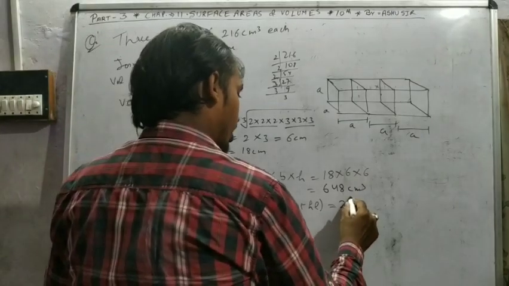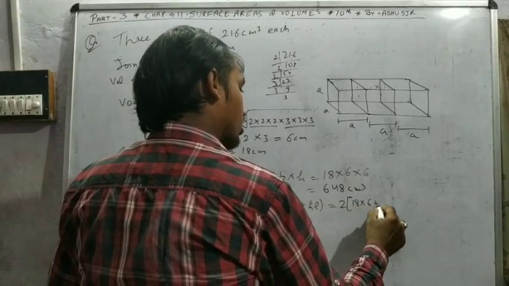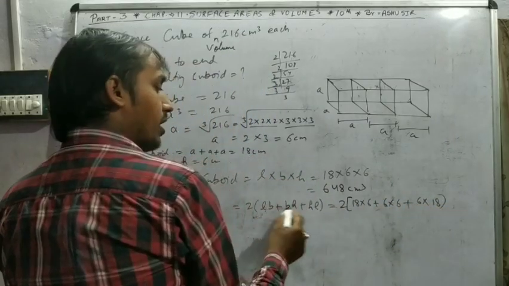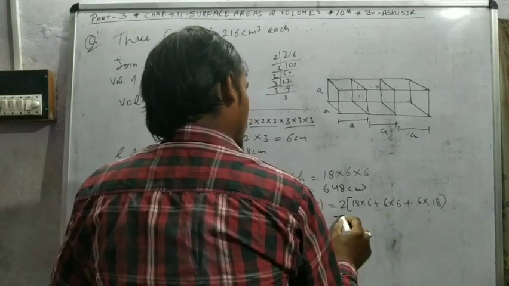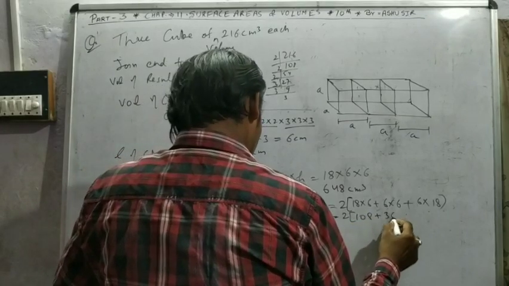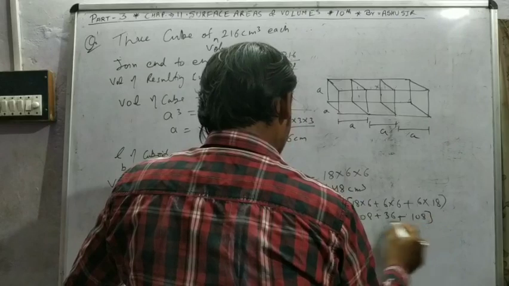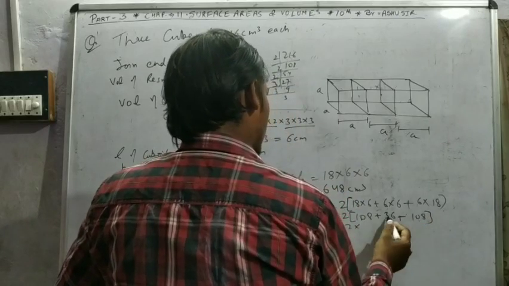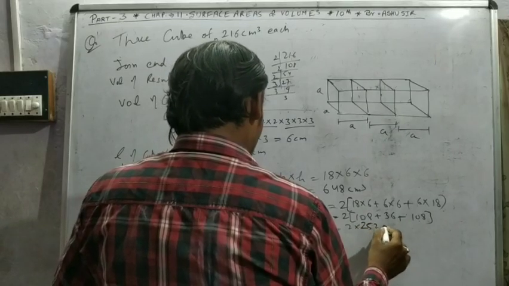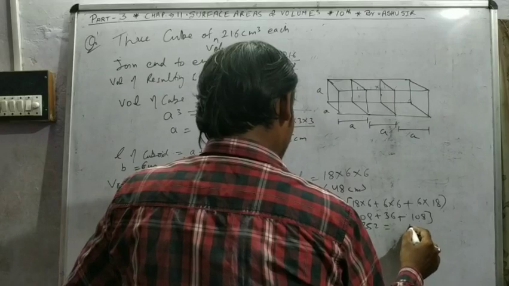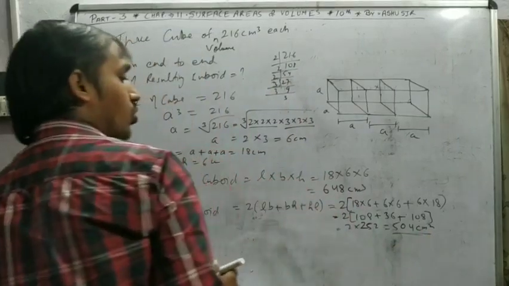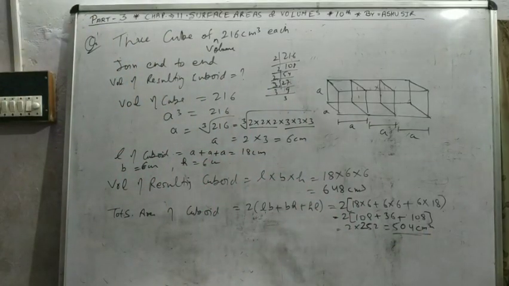Then 2 into (18 into 6, 6 into 6, 6 into 18), that is 108, 36, 108, so 2 into 252, 504 centimeter square is the total surface area of cuboid.